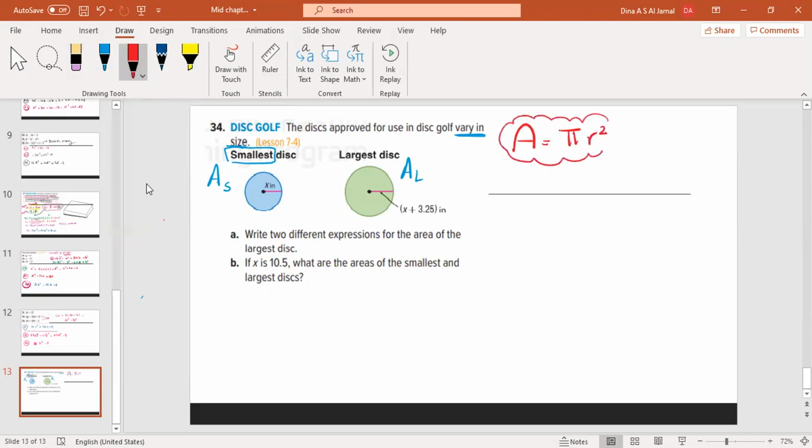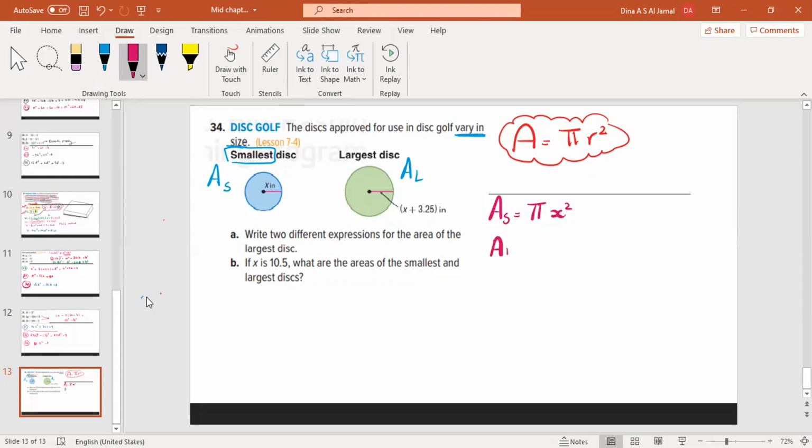So this is the general rule. So now pay attention to what we need to do. First of all, let's find the smallest. It's all about pi r squared. And what is your radius? It's all about x, so pi x squared. Good. Now just keep it as it is.